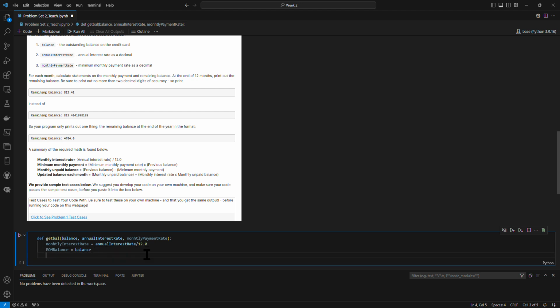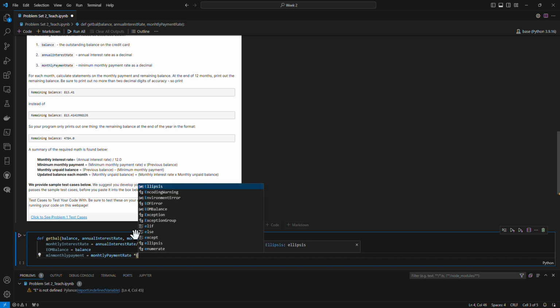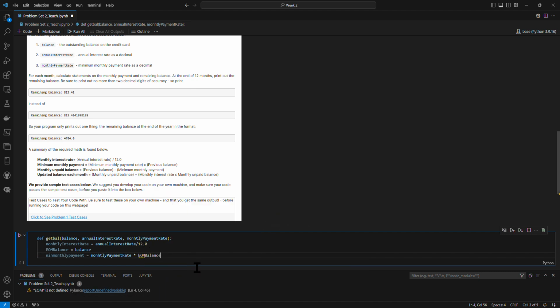And what we need to do is calculate the minimum monthly payment, which should be equal to monthly payment rate times EOM balance. That should be the minimum monthly payment.